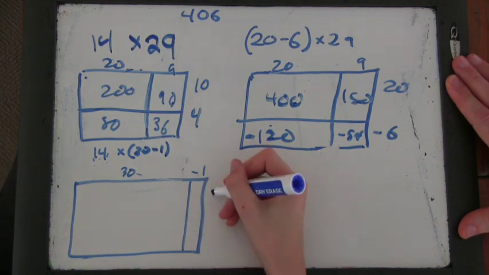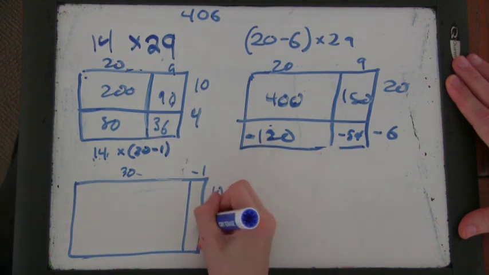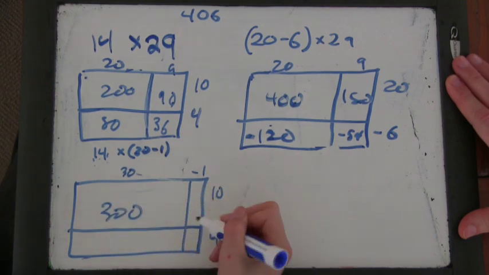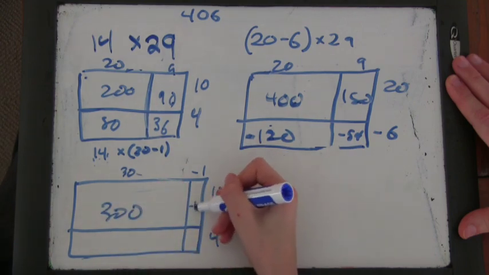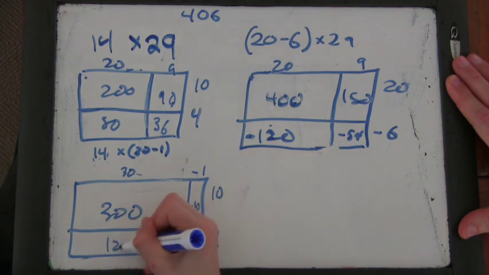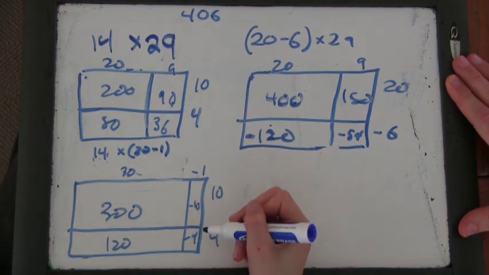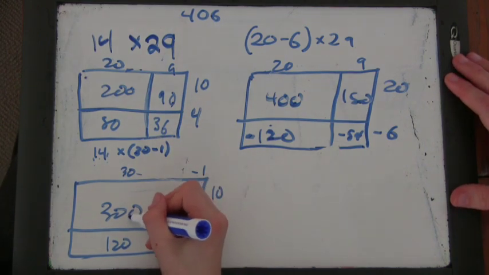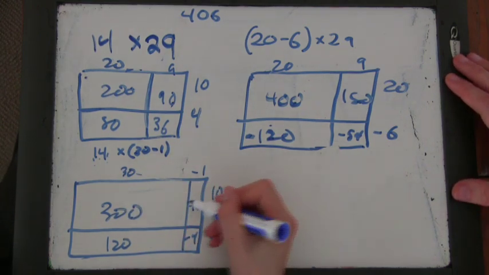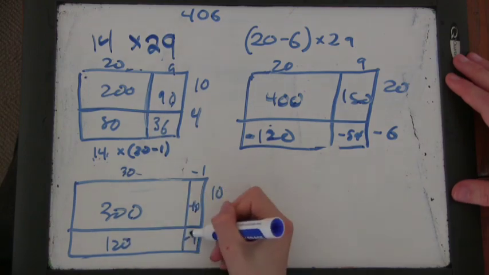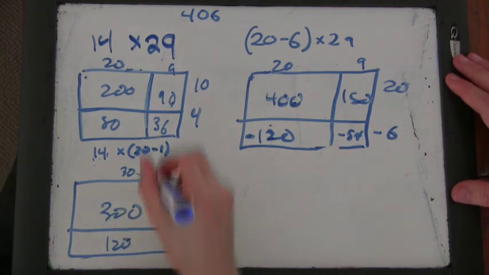And then we have the 10 and the 4 was the same as the first problem. 300, negative 10, 120, and negative 4. And here we get, let's see, 290, and so we get 410, and then minus 4 is 406.